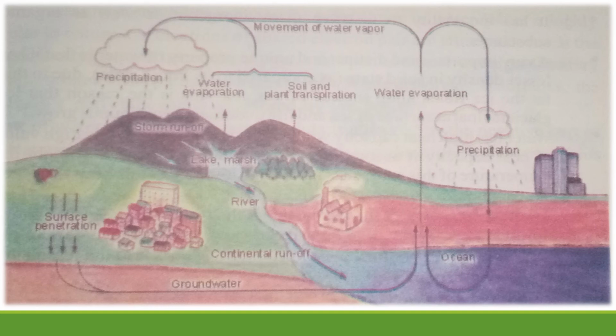So you can see all these water cycles in different forms. This is totally what is called the water cycle: water goes away from its resources and comes back again.